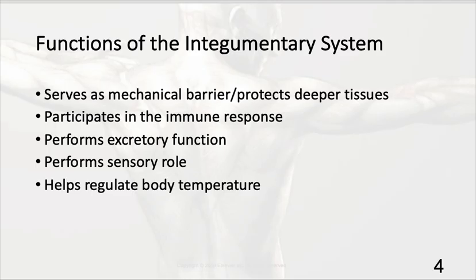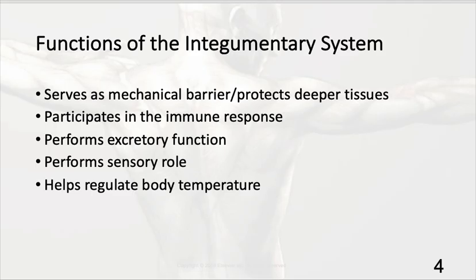But it also protects us, as I mentioned, from bacteria and viruses by participating in the immune response. The skin contains immune cells that help to identify and respond to potential threats before they enter the body.